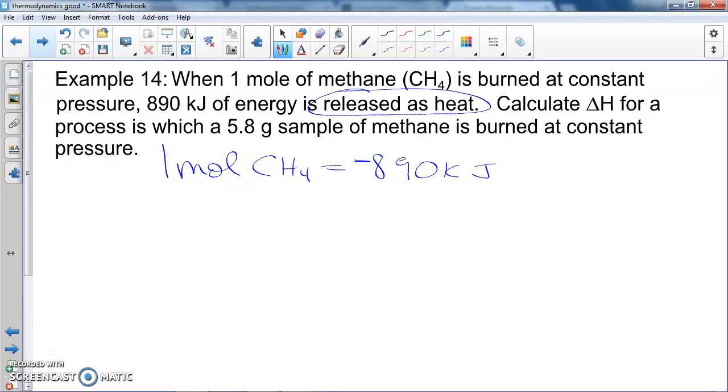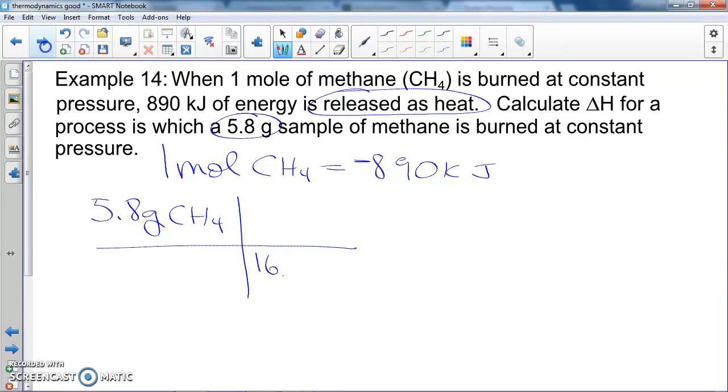But we want to know how many kilojoules of heat would be released if it was 5.8 grams of methane. So then we take 5.8 grams of methane. To get rid of grams of methane, we're going to use the periodic table, or the molar mass. So 1 carbon at 12.01 and 4 hydrogens at 4.04 is 16.05 grams of CH4 for every 1 mole of CH4.